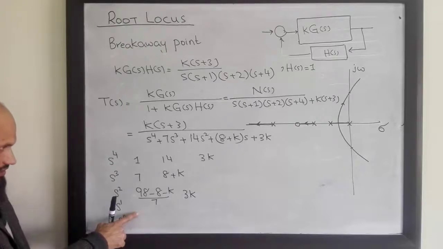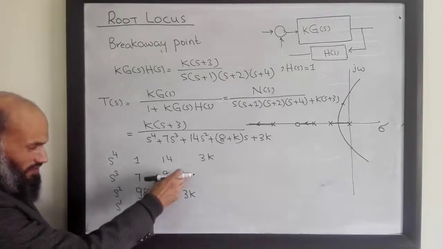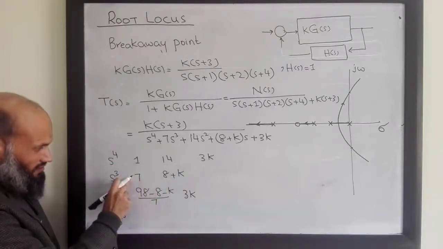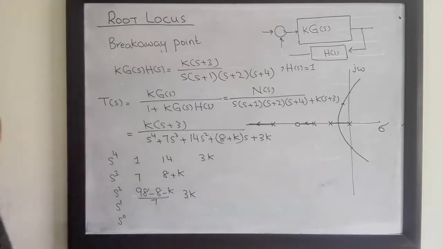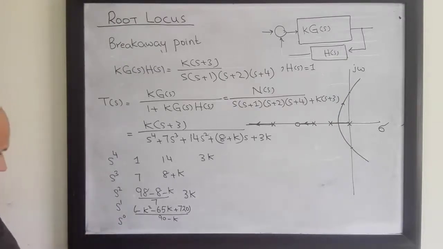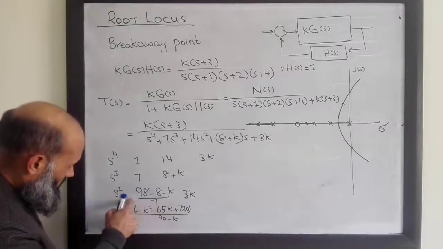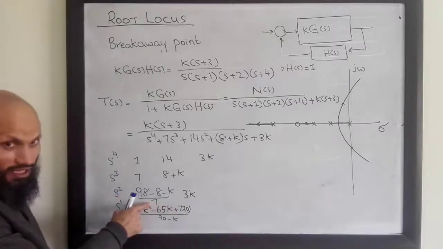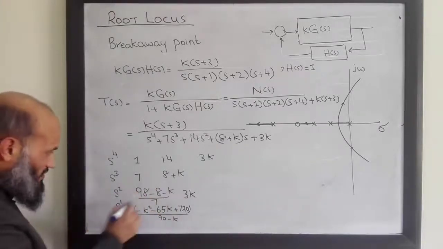Entry over here, this multiplied by this minus 21k divided by this thing, which is for obtaining this entry over here, this entire row was multiplied by 7 to simplify things.